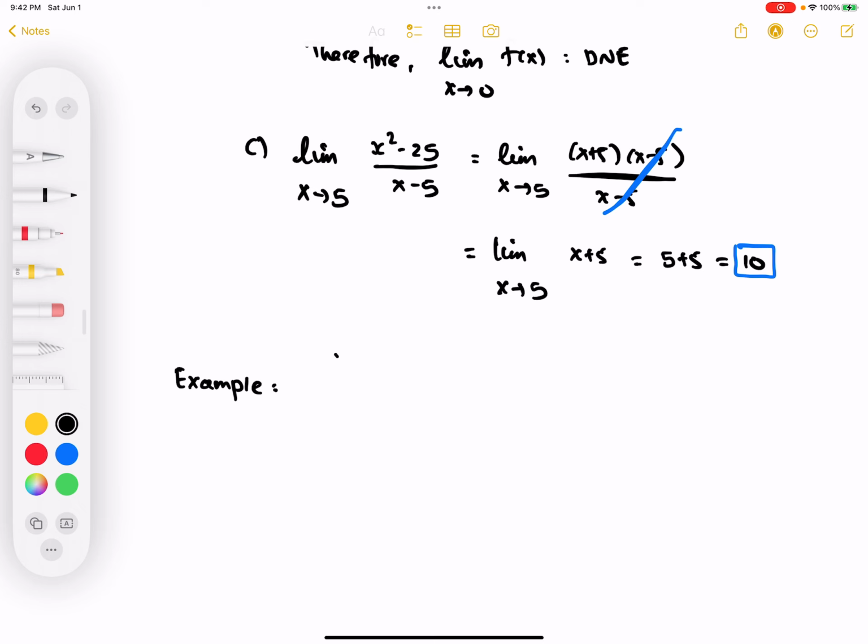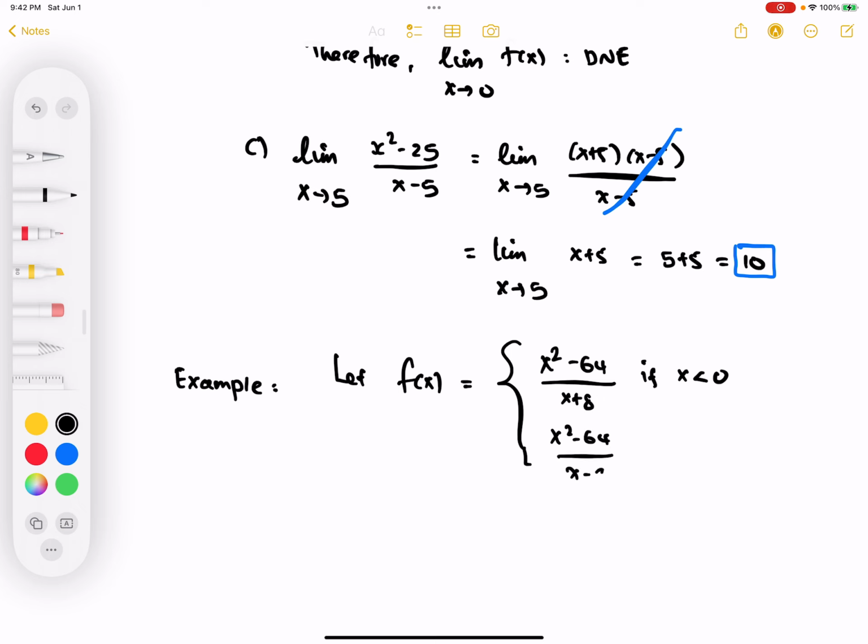Indeterminate form. Let f of x equal x squared minus 64 divided by x plus 8 if x is less than 0. The other piece is x squared minus 64 over x minus 8 if x is greater than 0.